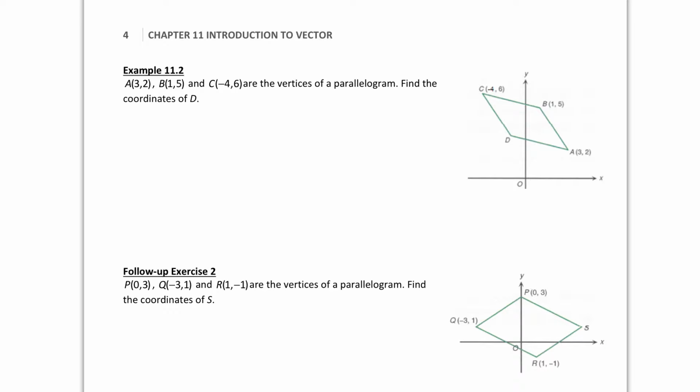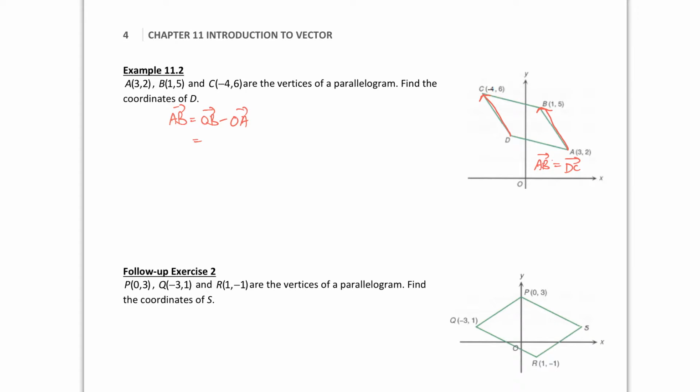First of all, I want to emphasize that because this is a parallelogram, the length and the direction of vector AB must be equal to vector DC. Remember, DC is not CD. So I can find AB by using OB minus OA.